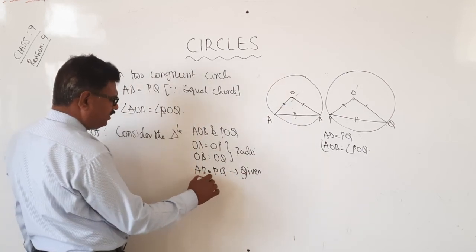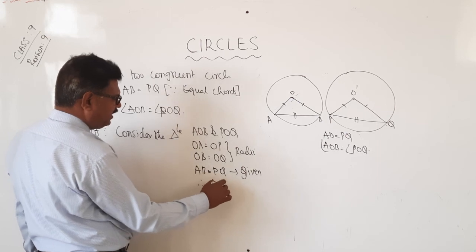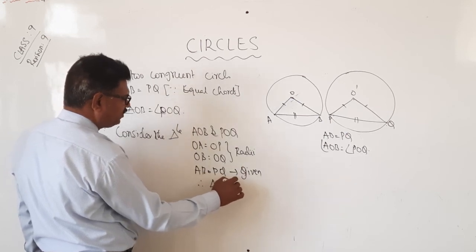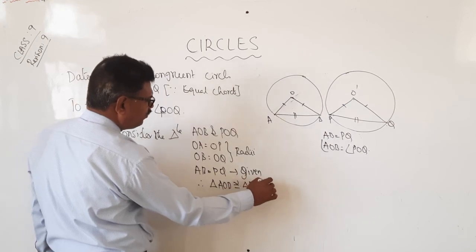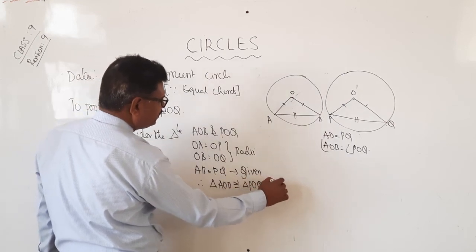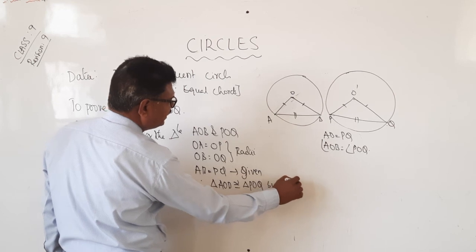Therefore, triangle AOB is congruent to triangle POQ by which condition? SSS condition.